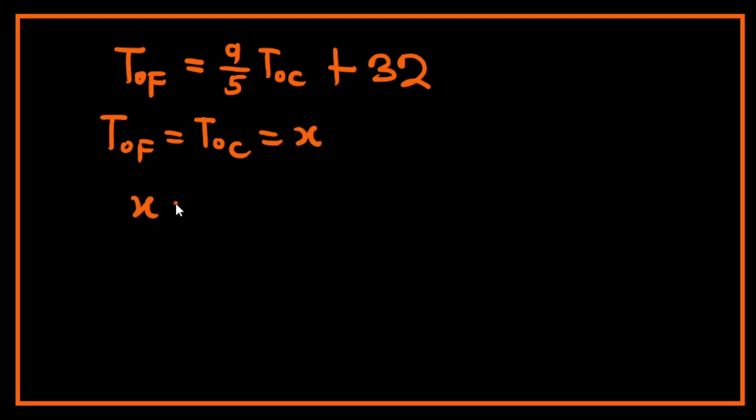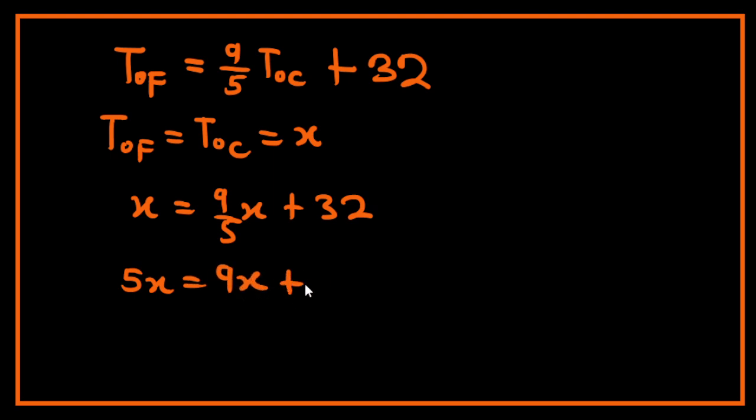So in that case, you have x equals 9 over 5 x plus 32. When you multiply through by 5, you have 5x equals 9x plus 32 times 5, that should be 160. You collect your like terms, 5x minus 9x is minus 4x equals 160.